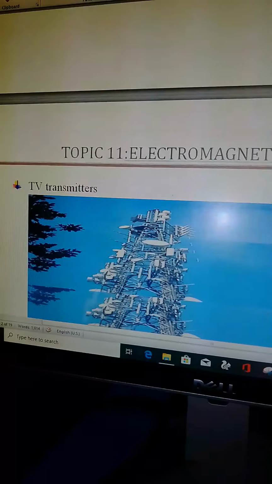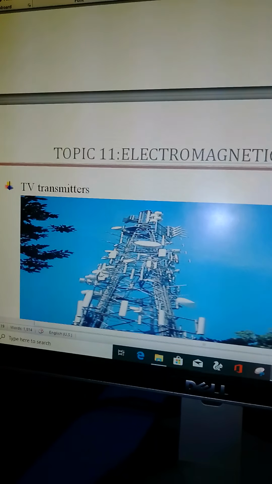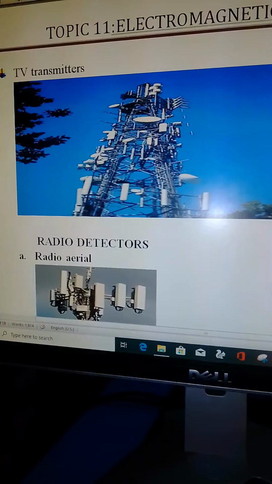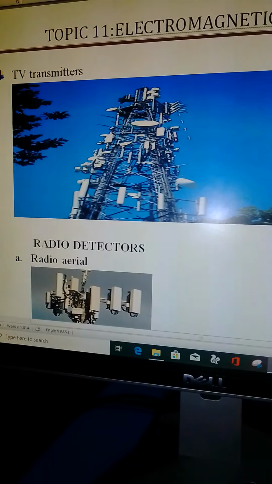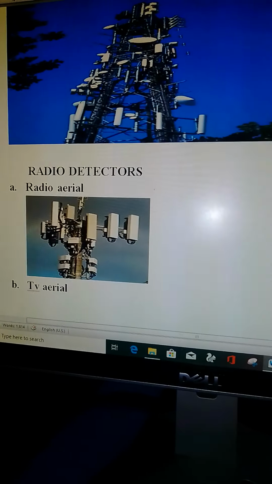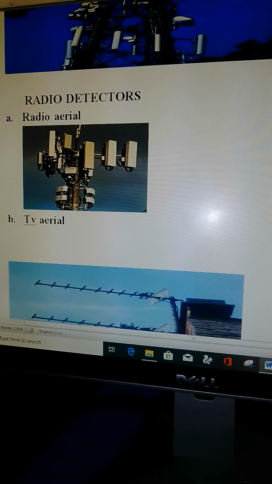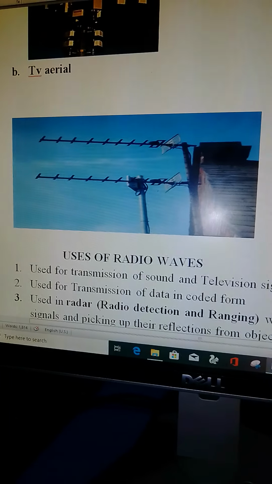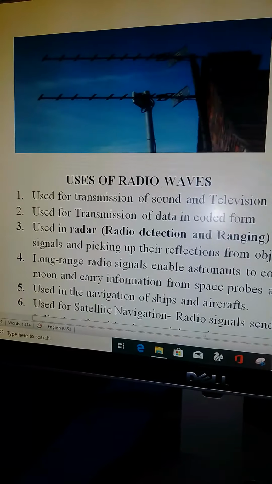The source of radio waves is radio transmitters and also TV transmitters. Radio wave detectors include the radio aerial and the TV aerial. Very important. And the uses of radio waves.